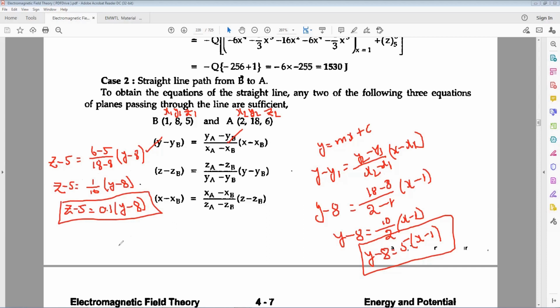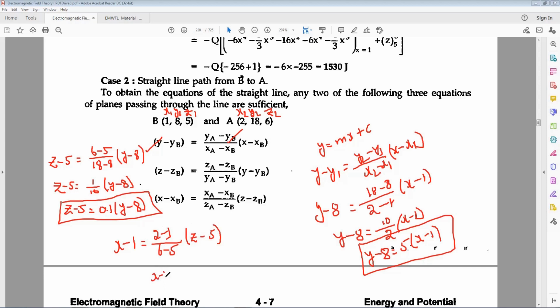Next, the last one is x minus xb. X minus 1 is equal to x2 minus x1, 2 minus 1, by 6 minus 5, into z minus 5.